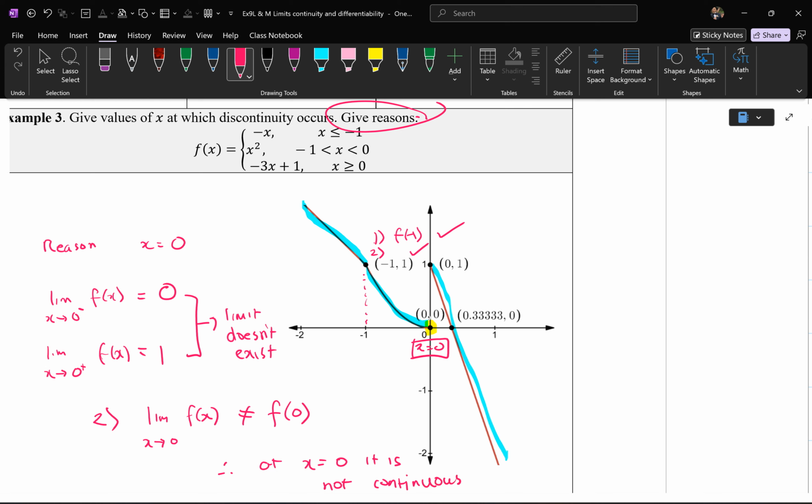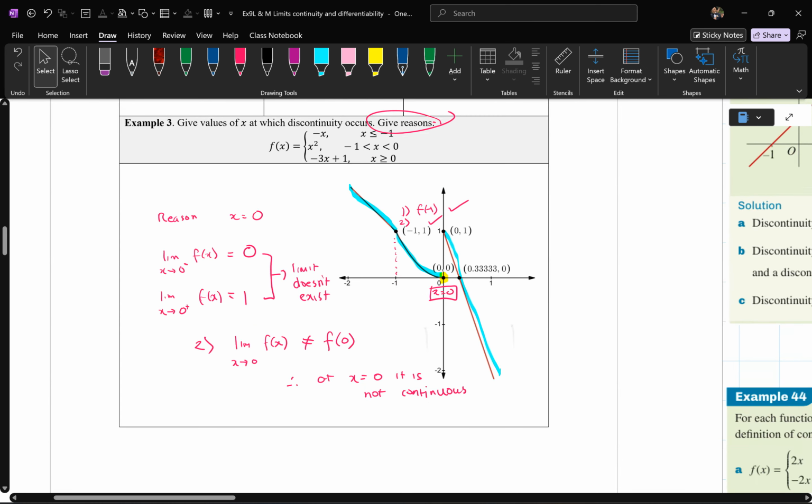So far, so good? That's the first exercise. Okay, so the exercise is to get you writing and articulate yourself as to why and how you know it is not continuous. Differentiability is going to be very similar. It's going to be based on the fact that you know how to find continuity first, and then you do a second bit. Okay? All right, so that's the example of continuity.